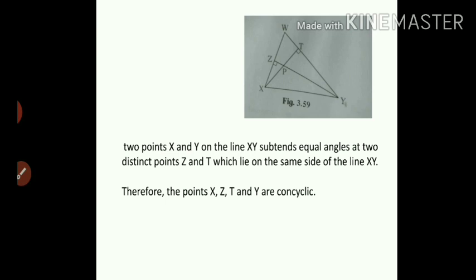That means these 2 points, point X and point Y on line XY, subtend equal angles at 2 distinct points, that is Z and T, which lie on the same side of the line XY. Now this condition is very important, they should lie on the same side of line XY. So therefore we can say that the points X, Z, T, Y are concyclic.